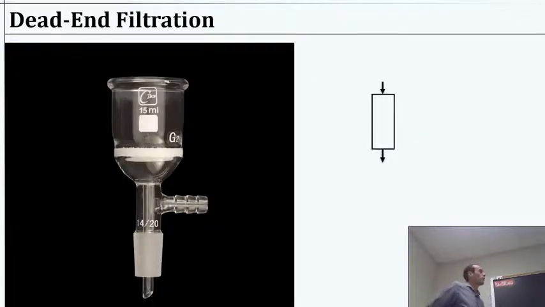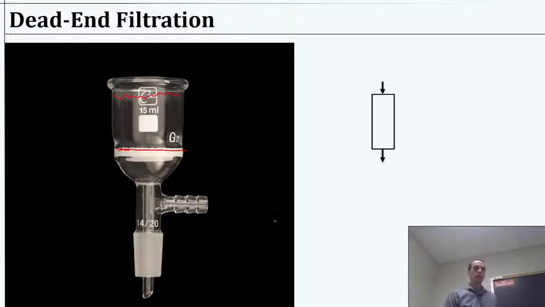Okay, a couple more examples of where you might see these in practice in a laboratory, just to show you what it might look like. You may see some glass device that looks like this, and it has a support material right here that you can add a membrane onto. So if you add the membrane, kind of where I've drawn this red line, it's supported by this porous glass substrate, and then you would fill this with some water or solution that you want to filter.